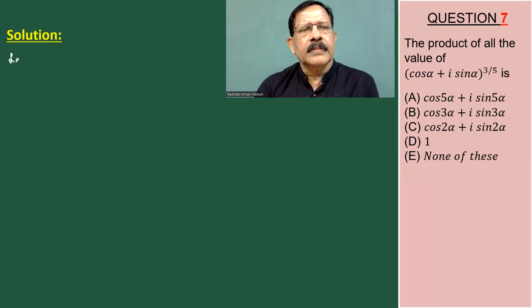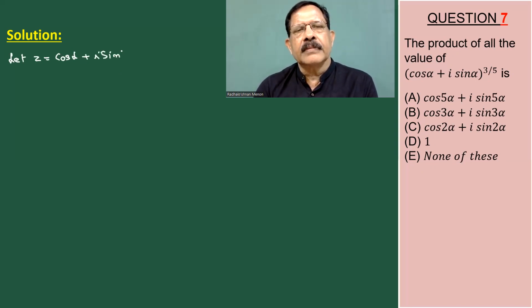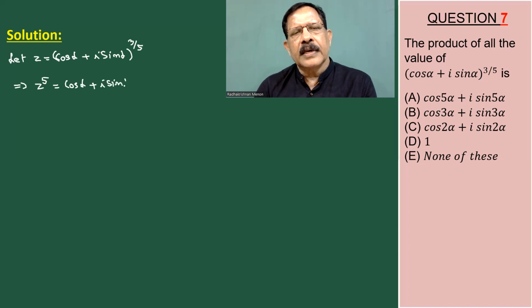Let z is equal to cos alpha plus I sine alpha, raised to 3 by 5, which implies z raised to 5 is equal to cos alpha plus I sine alpha whole cube.